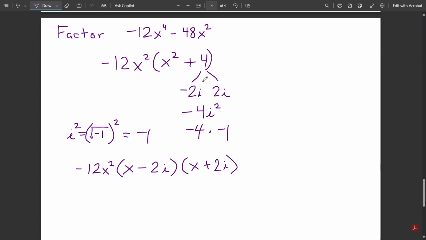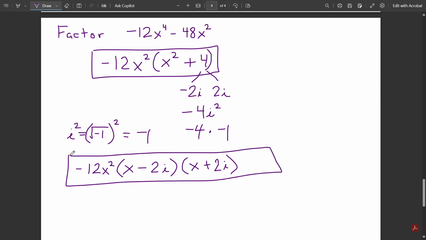Now, you may not be going that far. You may just go this far and stop. But if you're going for complex roots, you can go this far. Okay, if we want to check the real one, let's just do a quick check. We'd do negative 12x squared, we'd use the distributive property here, times x squared plus 4.